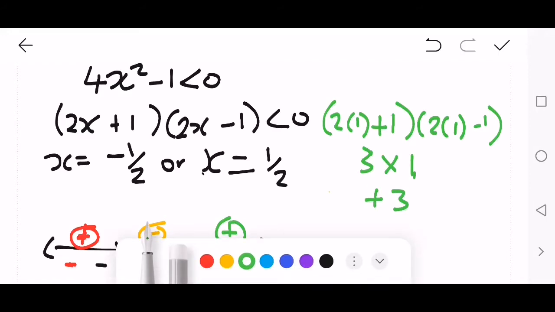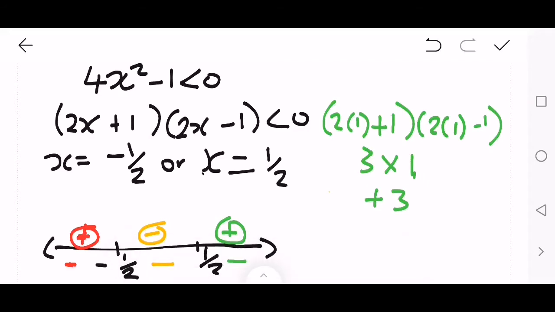So our solution lies, remember, if the inequality sign is less than, our solution will lie in between these points, or where we get a negative solution.